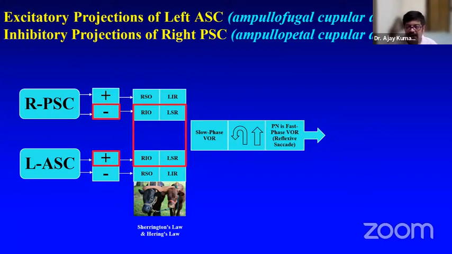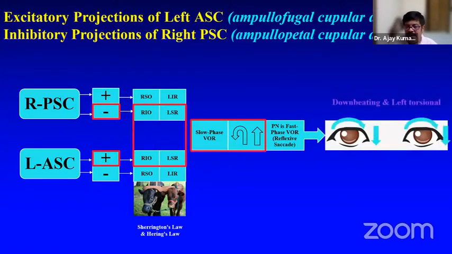The positional nystagmus, which is a fast phase VOR or a reflexive saccade, is therefore downbeating and left torsional, whether it is apogeotropic right posterior semicircular canal BPPV or a left anterior semicircular canal BPPV.